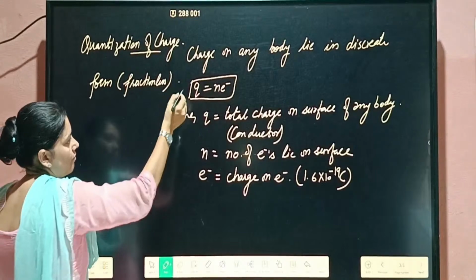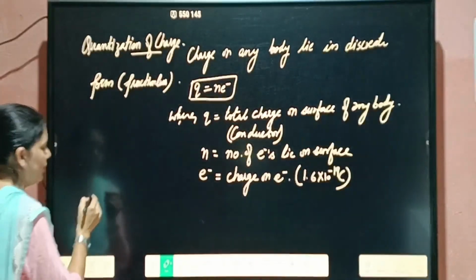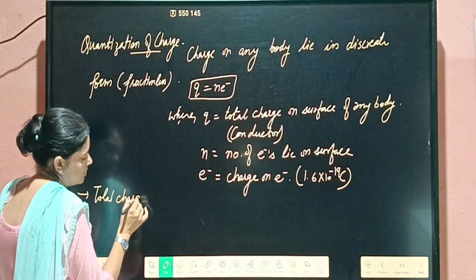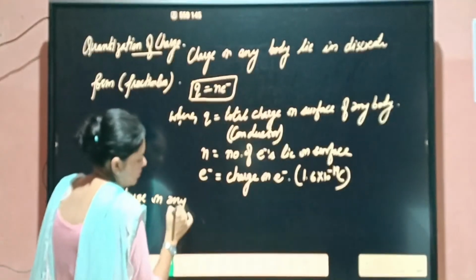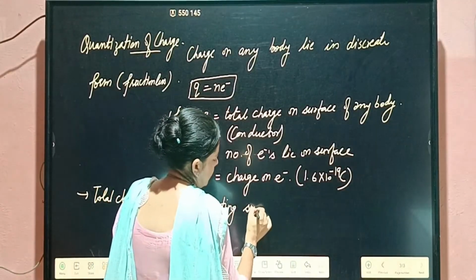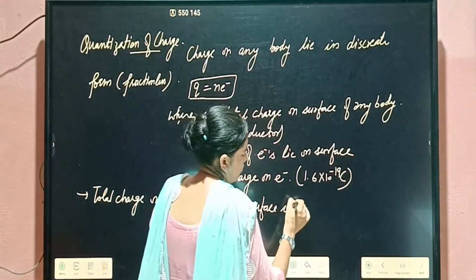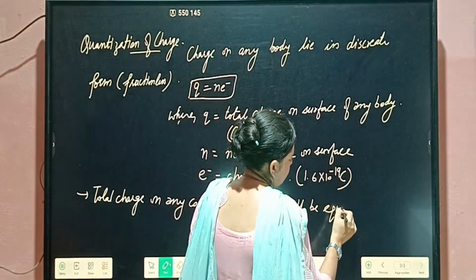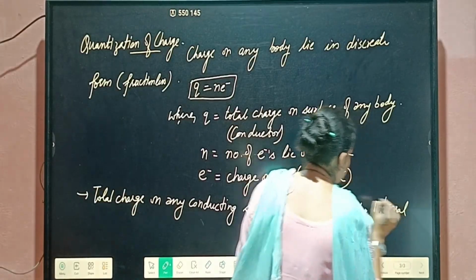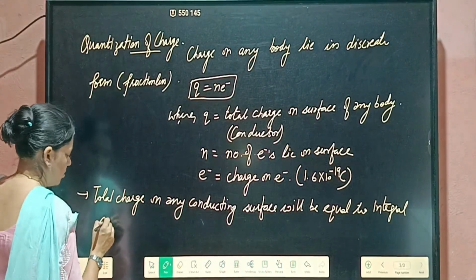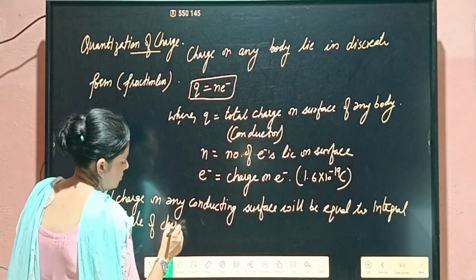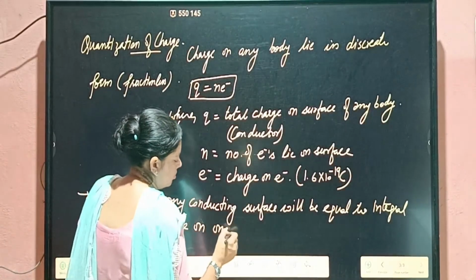So next, we can say the total charge on any conducting surface will be equal to an integral multiple of the charge on one electron.